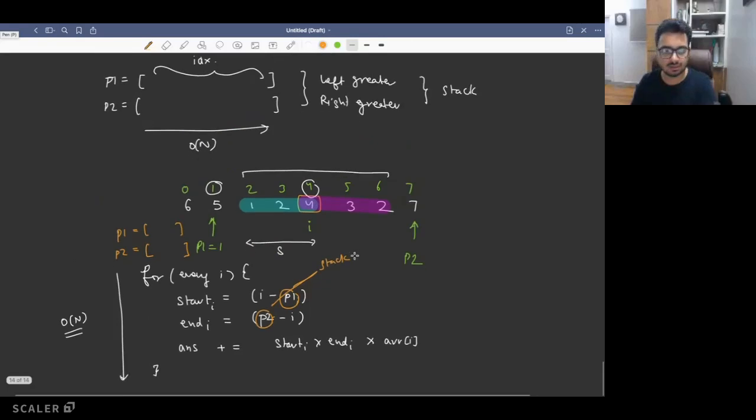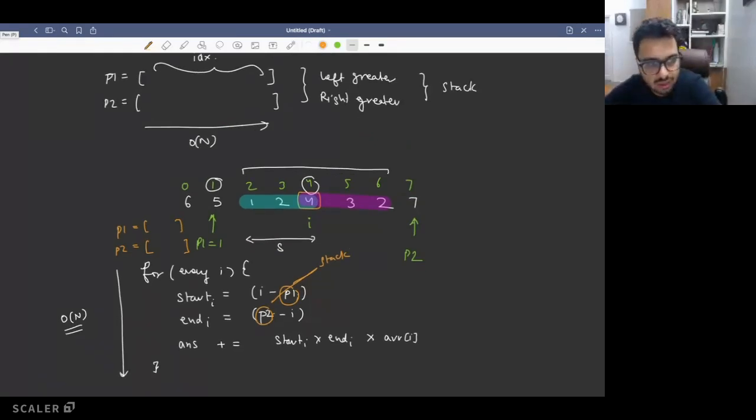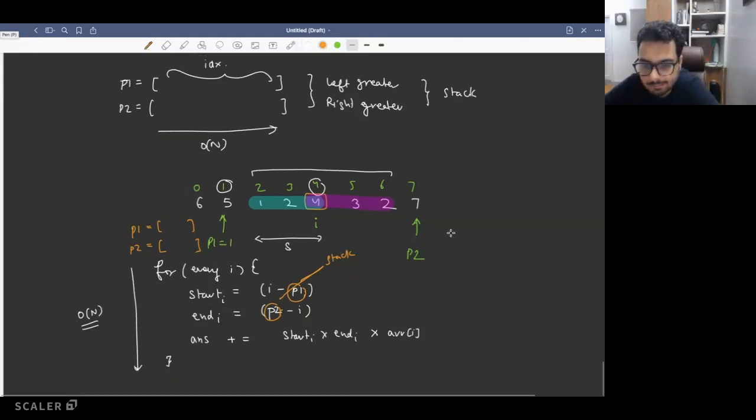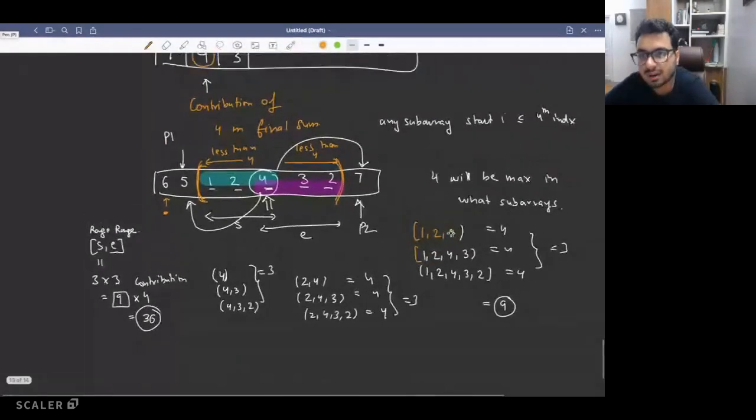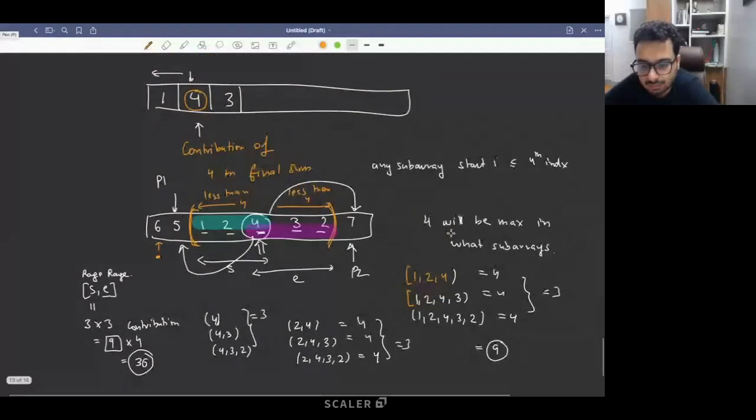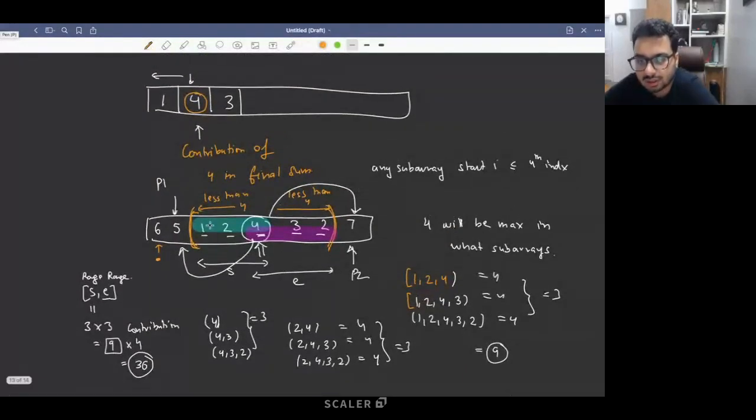That's it. Can you do it now? Not very difficult. Easy, right? It's a simple counting problem. If you know how to compute the previous greater and the next greater element, that's it.